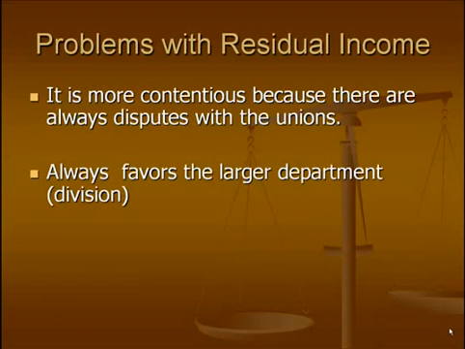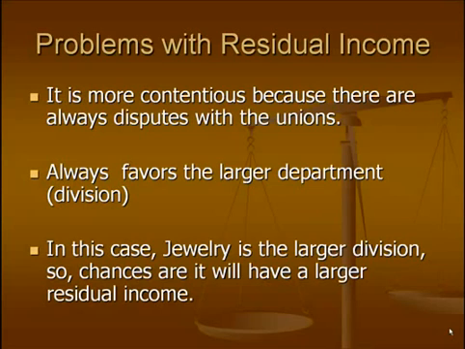Residual income always favors the larger department or division. That's another problem with residual income. So in this case, jewelry is the larger division. If you check, it has more assets. So chances are it will have a higher residual income simply because of the fact it's bigger.